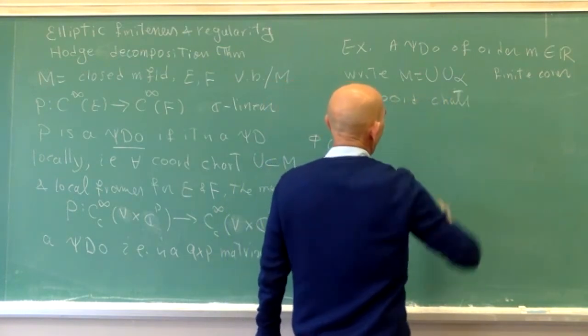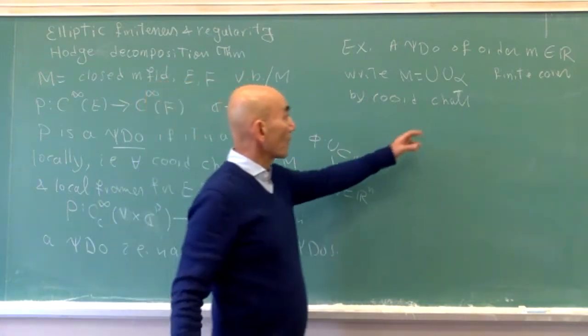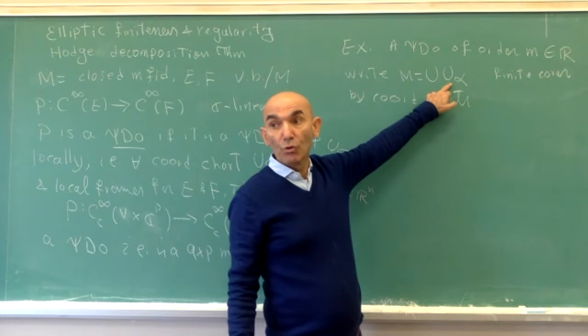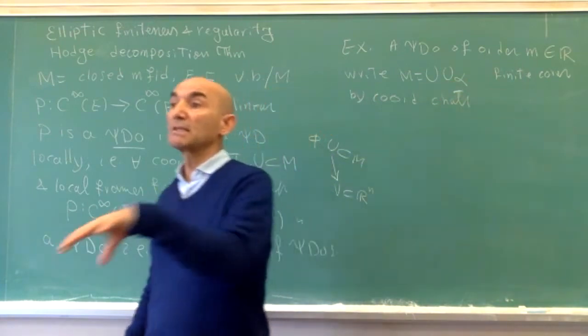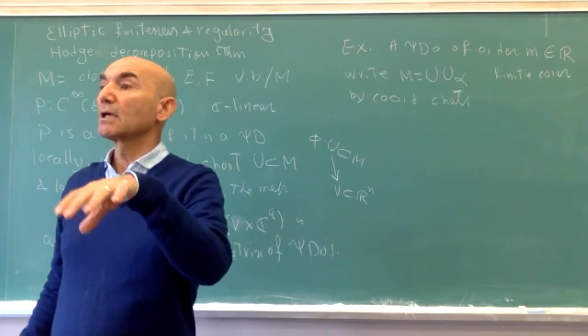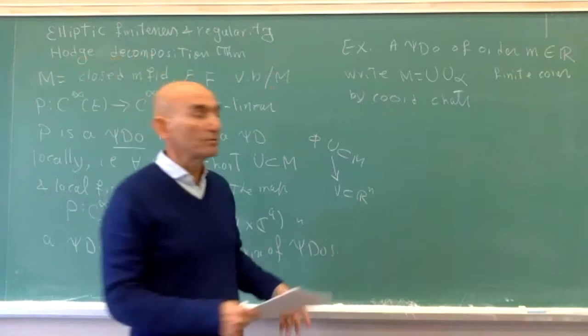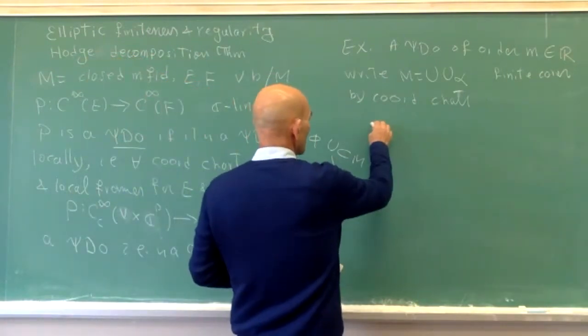And what we can do is define operators on these U alphas by fixing their symbols. I'm going to choose the symbol to be (1 + |xi|^2) to the power m over 2. That's the kind of symbol that we used.